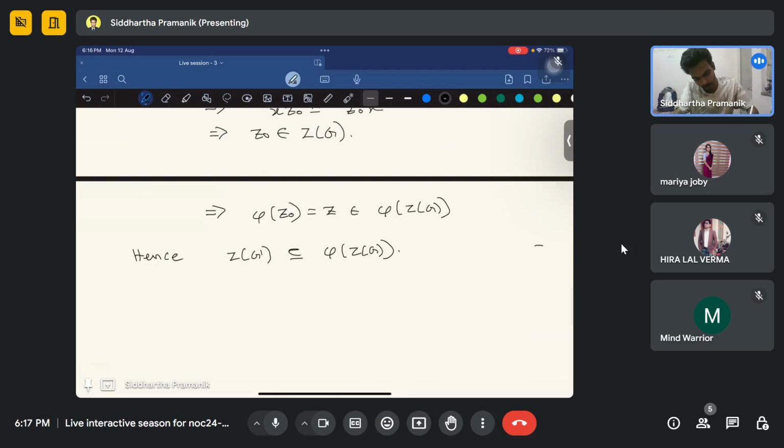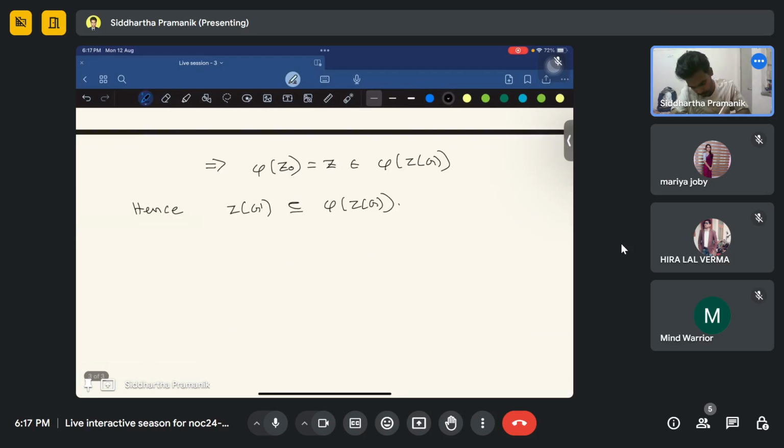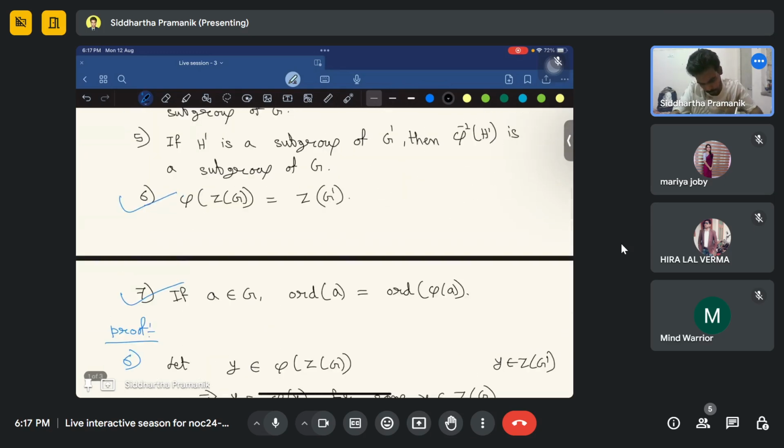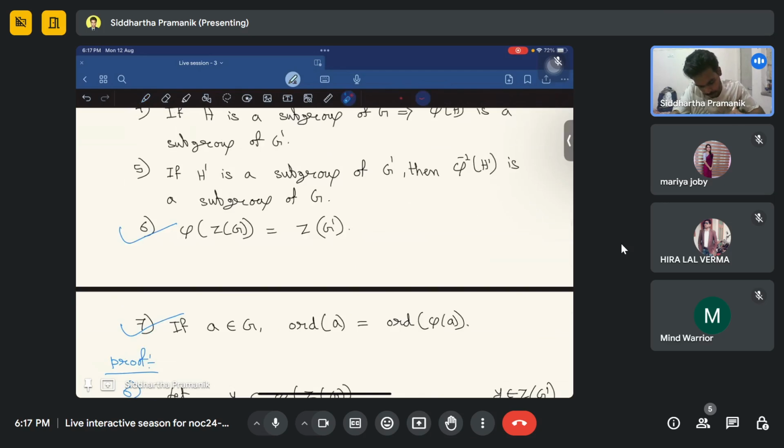So we have proved both side inclusions. So we can conclude that phi of Z(G) equals Z(G prime). So we have proved the sixth one.